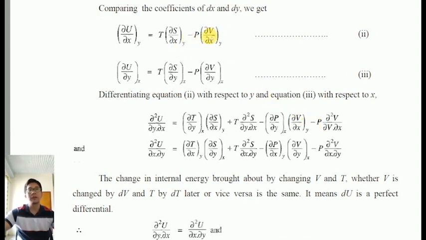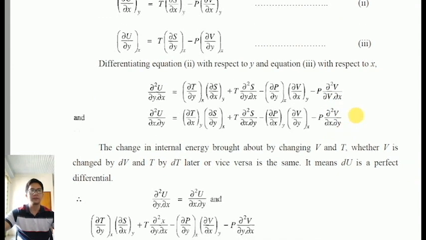So we have P into differentiation of this one with respect to y. Here also, this is not del v, this is del y. This is just a mistake.